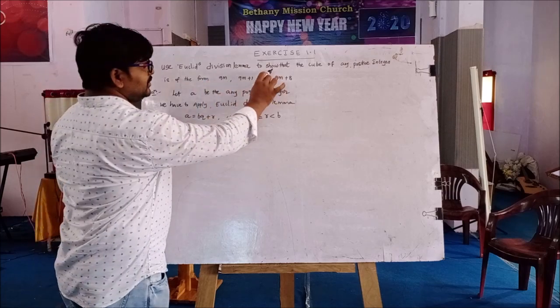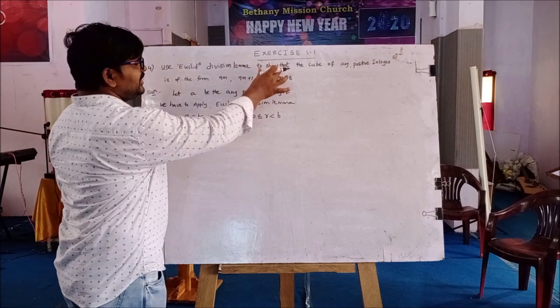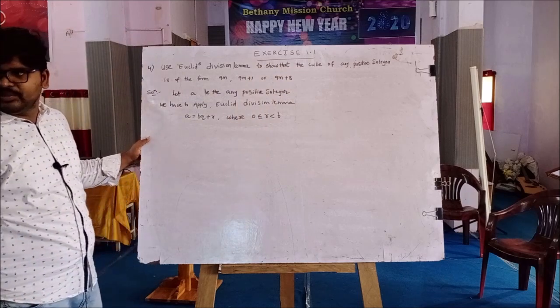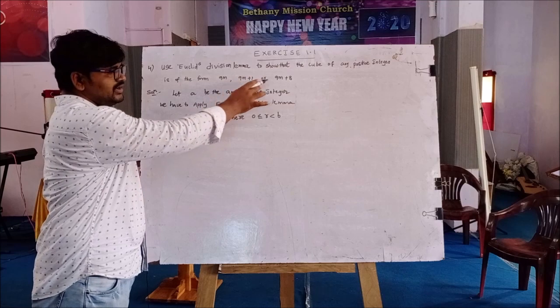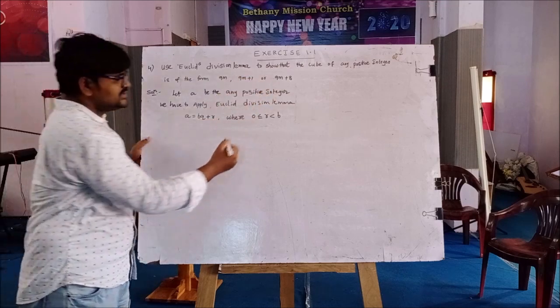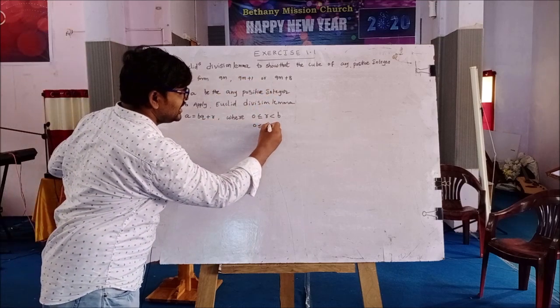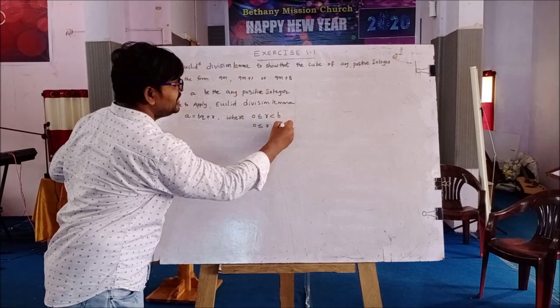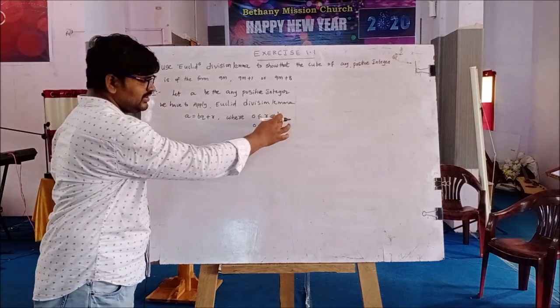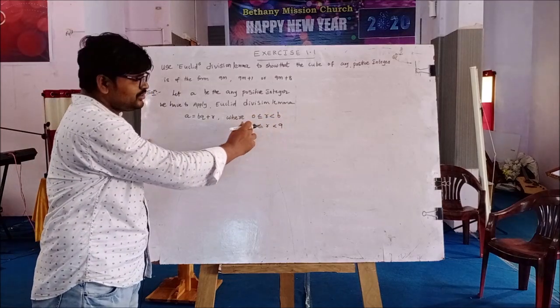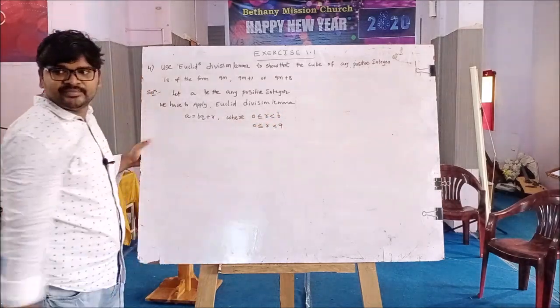Because according to Euclid division lemma, to show that the cube of any positive integer is of the form 9m or 9m plus 1 or 9m plus 8. So here 0 less than or equals to R less than B. Where B equals 9, R is less than 9.